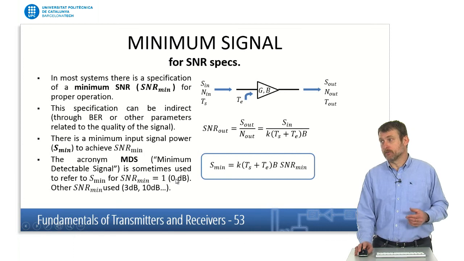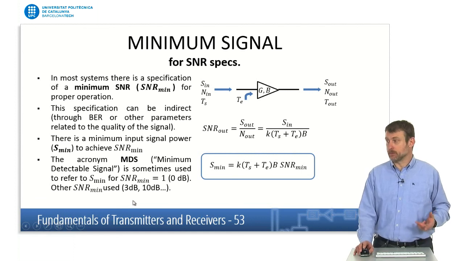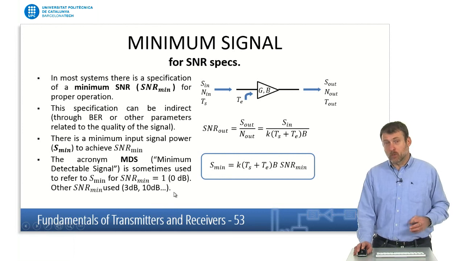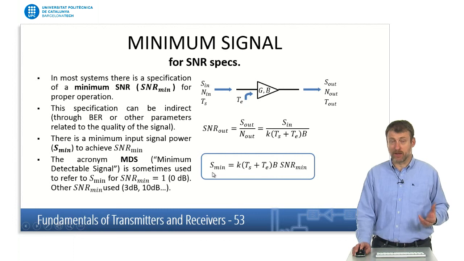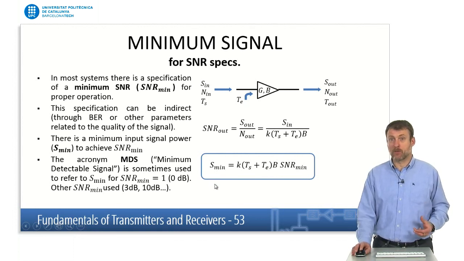It may be 0 dB, or maybe some other value, 3 dB, 10 dB, etc. Right? So we will not be using this acronym minimum detectable signal. We will be using S-min to mean the minimum signal power for which we achieve the minimum signal-to-noise ratio.